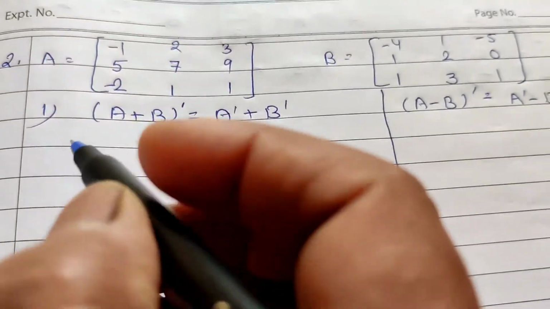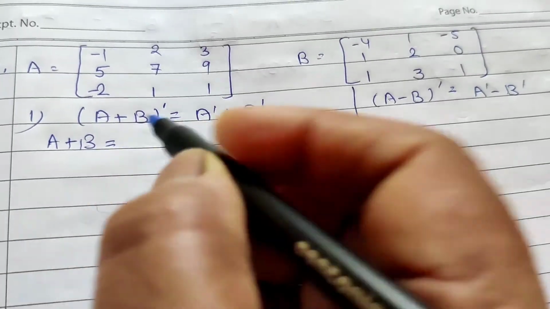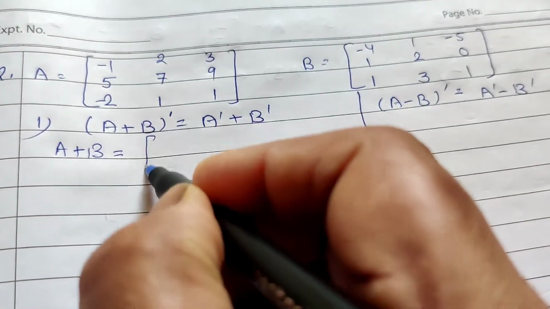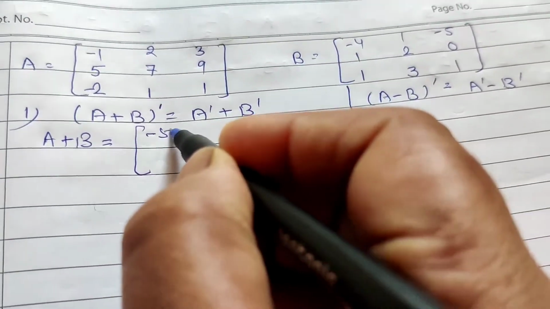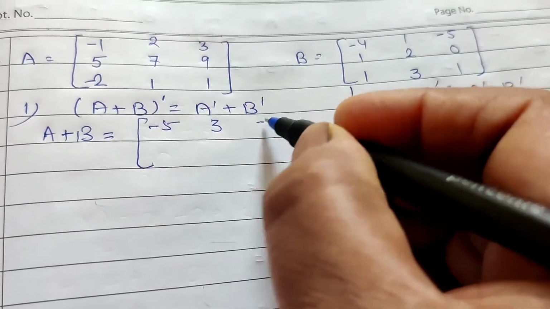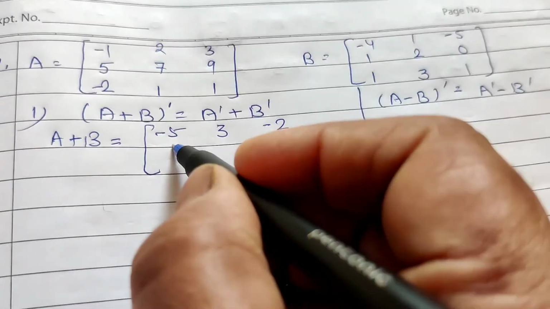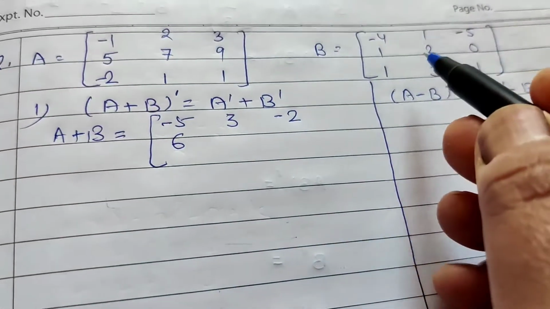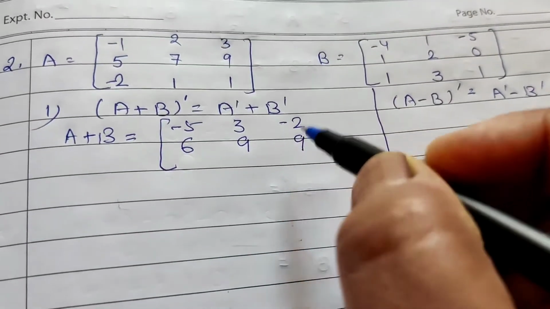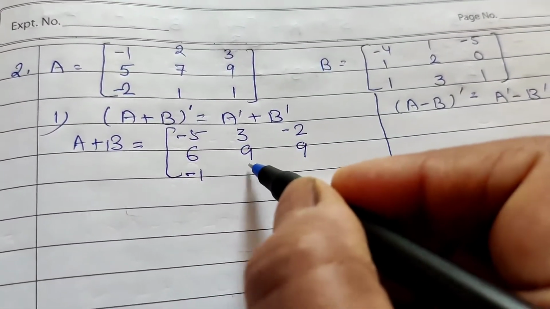First of all, we have to find A plus B. -4 -1 will be -5. 2 plus 1, 3. 3 minus 5, -2. 5 plus 1, 6. 7 plus 2, 9. 9 plus 0, 9. -2 plus 1 is -1. 1 plus 3, 4.